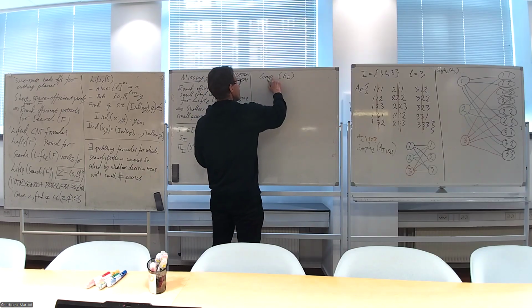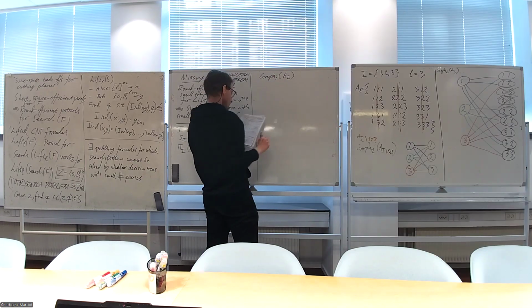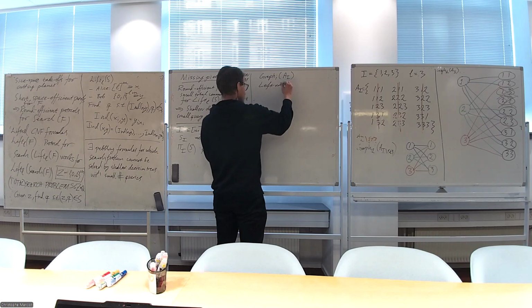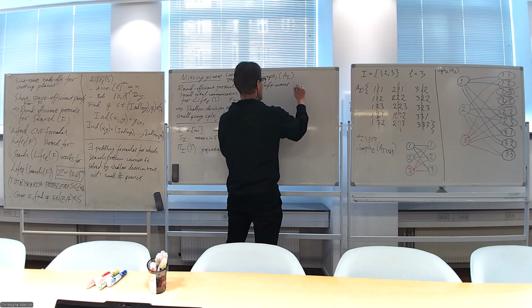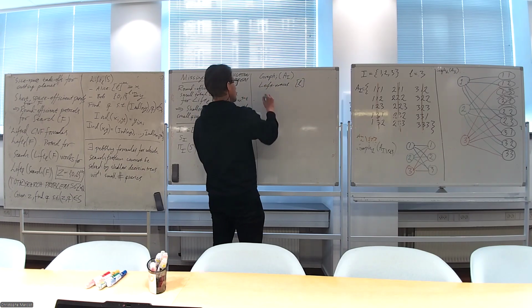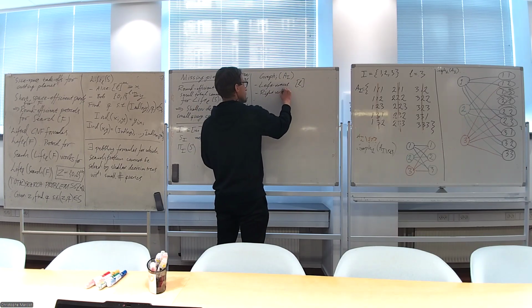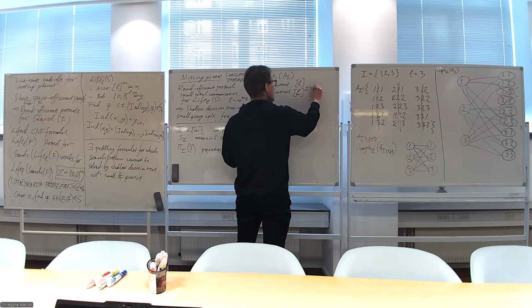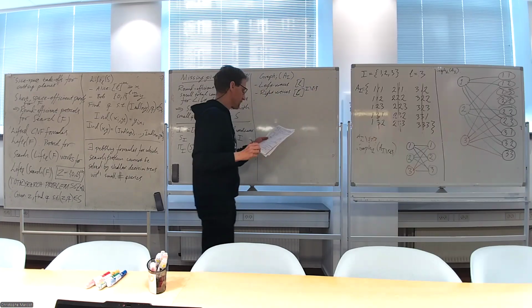So the graph I of AI has left vertices, integers, which you should think of as the ith coordinate. The right vertices are all other coordinates, so L to the I minus little I.